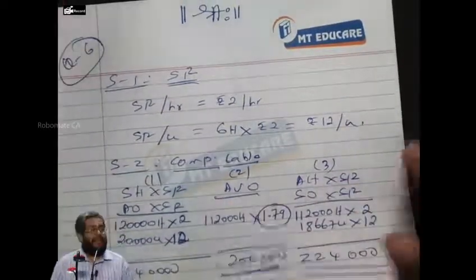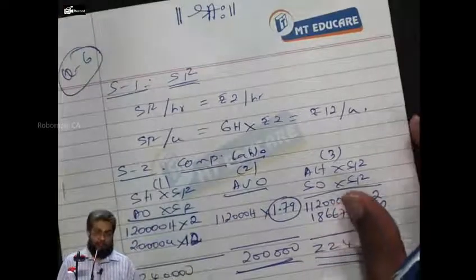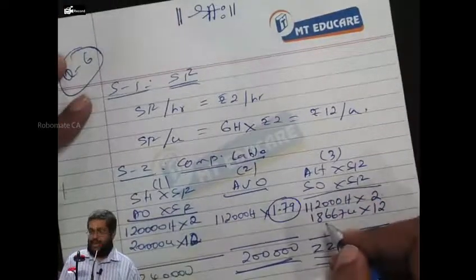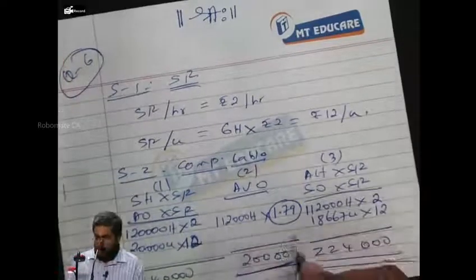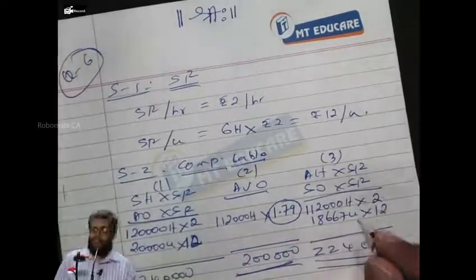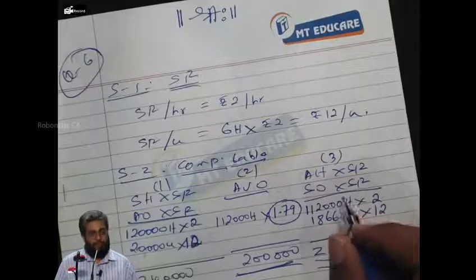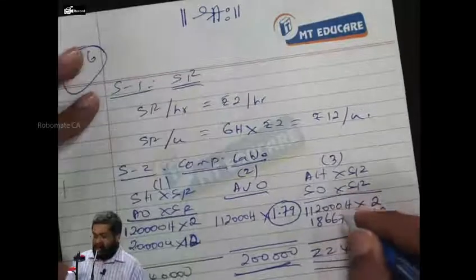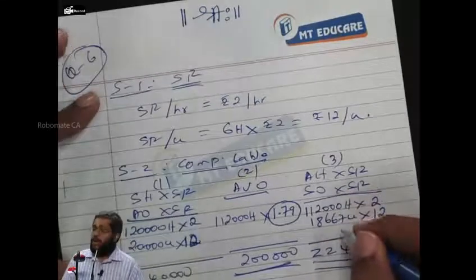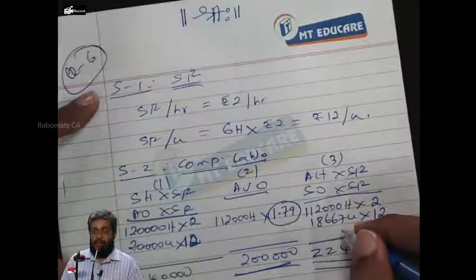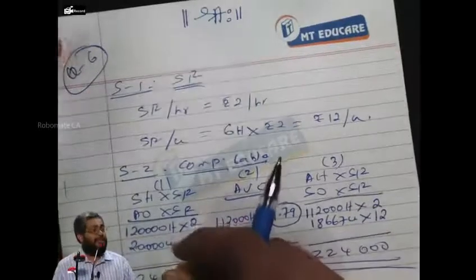Next. We can measure efficiency the other way around also. This is another way to understand it, important. Okay, see. I worked for 1,12,000 hours. Accept that. In this 1,12,000 hours, I should have produced 18,667 units. But I produced 20,000 units.